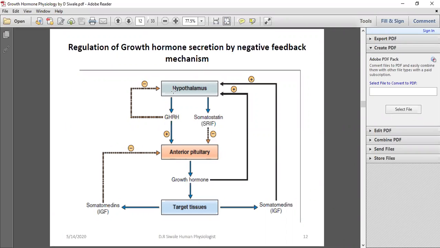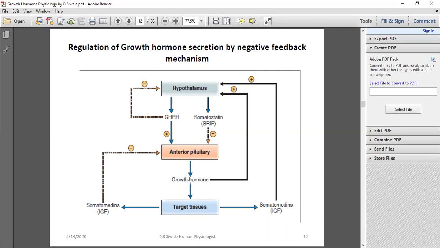From the hypothalamus, it will move through the blood, through the portal system, and reach the anterior pituitary gland, specifically the somatotropes. On the somatotropes, there are receptors for growth hormone releasing hormone. It will bind to the receptors, and then growth hormone will be released.